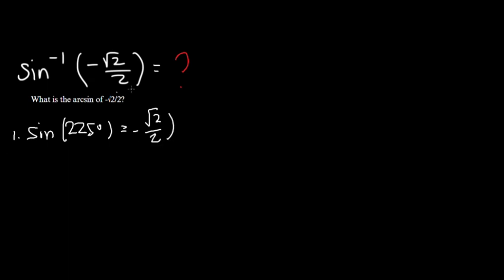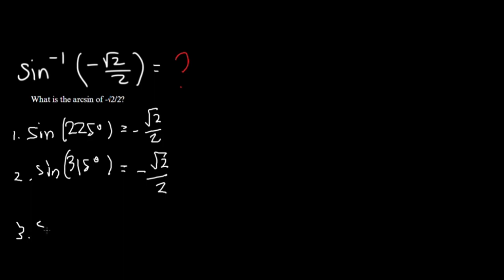Next is sine 315 degrees, which is equal to negative square root of 2 over 2 as well. Finally, sine negative 45 degrees, which is nag-equal sa negative square root of 2 over 2. But among these three values, ano yung gagamitin natin? Of course, the negative 45 degrees.